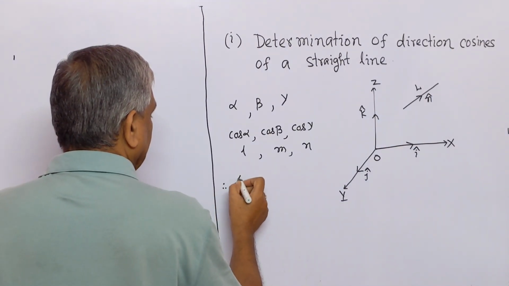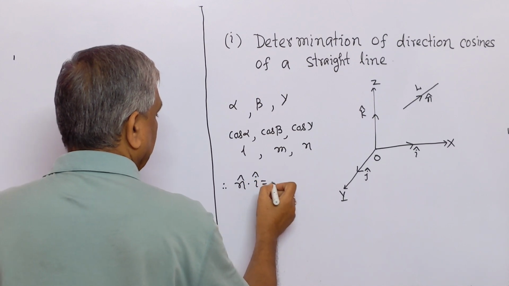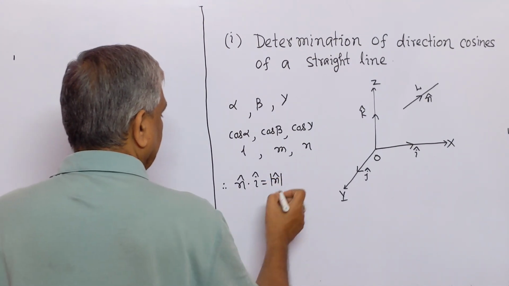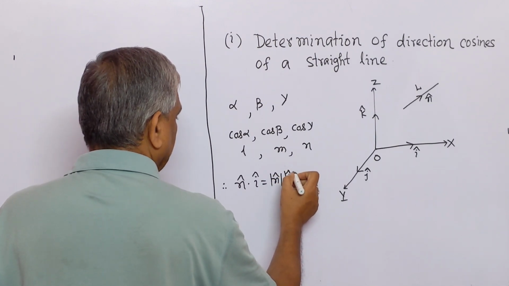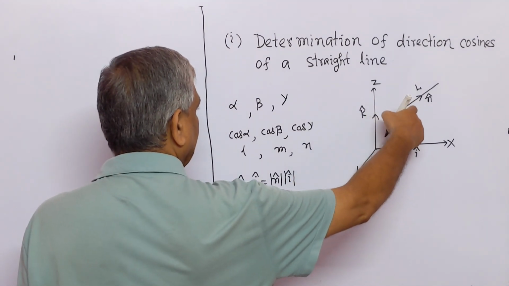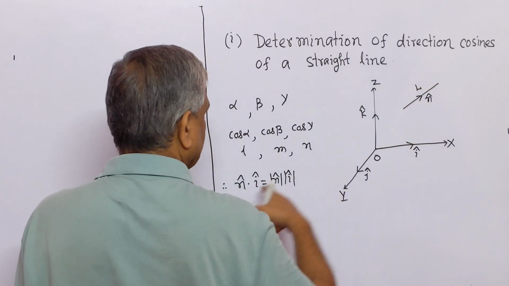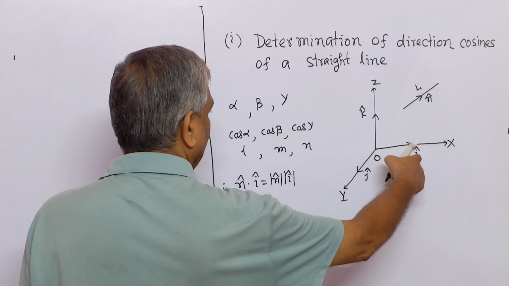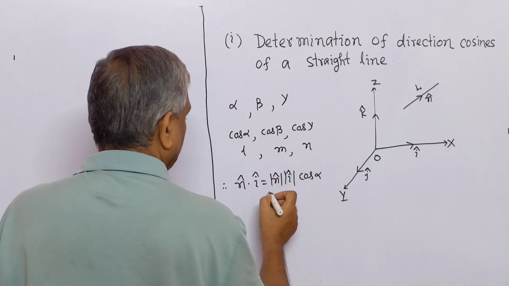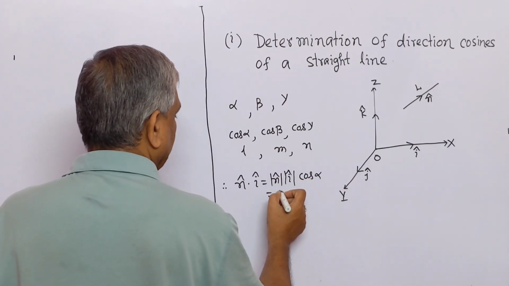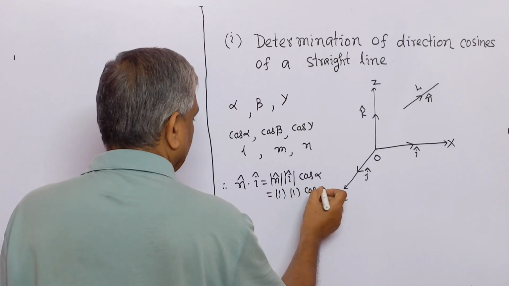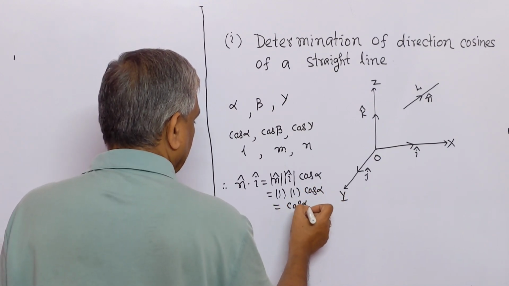Therefore, eta dot i equals the scalar product of two vectors: modulus of eta, modulus of i, that is the magnitude of unit vector i, and the cosine of the angle between this line and the x-axis, that is along unit vector i, which is alpha. Magnitude of unit vector eta equals 1, magnitude of unit vector i is 1, so this is cos alpha, and this is l.